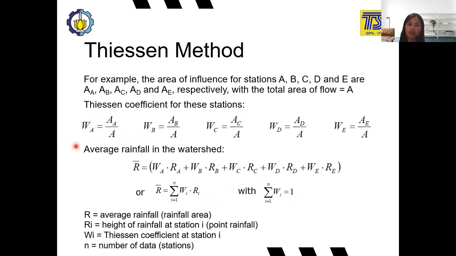So WA plus B plus C plus D plus E have to be equal to 1. So the ratio is correct, the calculation ratio, because the total area of influence has to be equal to the total area of the watershed. So all of the area in the watershed is counted correctly.